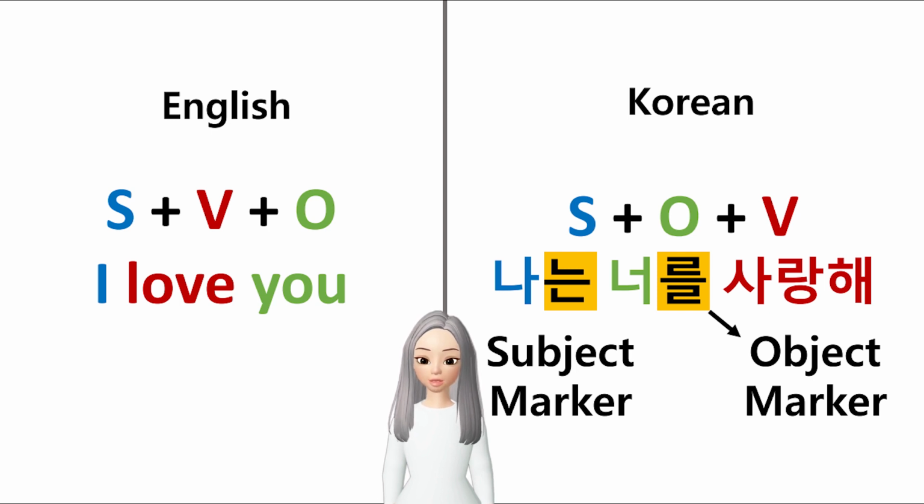For example, 는 is a subject marker, and it's added behind the subject 나. So it becomes 나는. So 는 doesn't really have a meaning, but it makes 나 into a subject. Whereas 를 here is the object marker. It's added behind the object 너. So it became 너를.